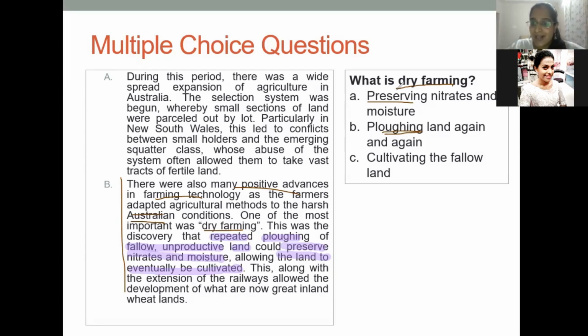It preserves the nitrates and moisture, and hence eventually the land can be cultivated. So our answer is option C. This is the second part of dry farming. So the final result is that fallow land is cultivated. That is our answer. Is it clear how we got option C as our answer?